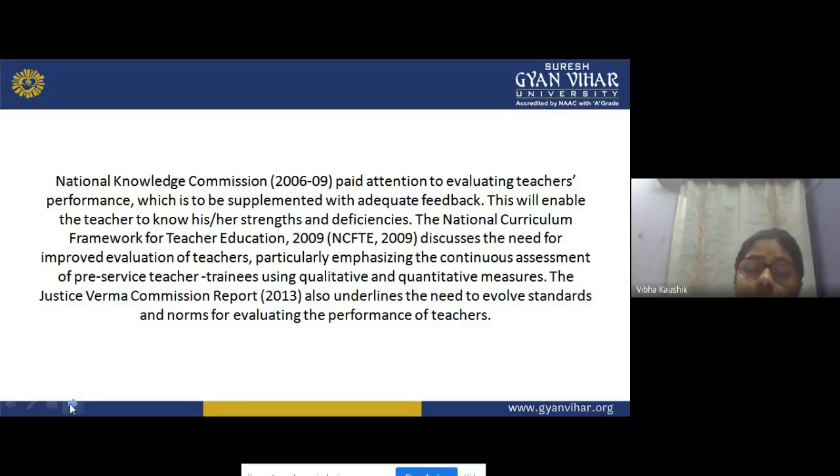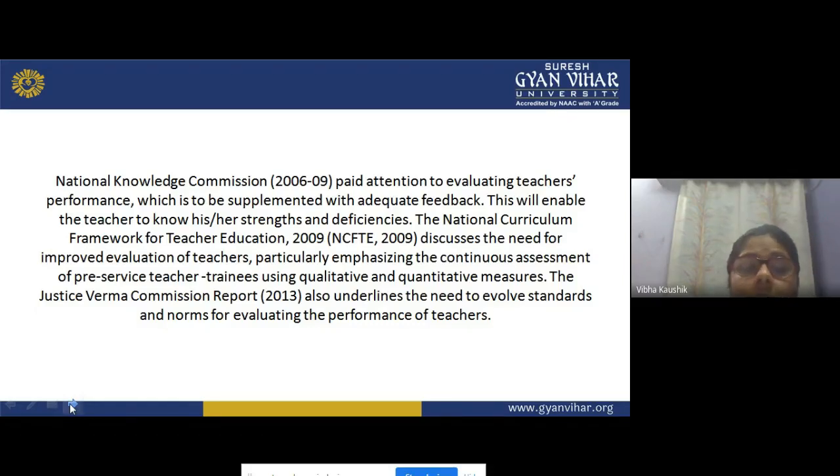That we have to improve the process, the way of taking the teacher's appraisal of teachers, particularly emphasizing the continuous assessment of pre-service teacher trainees using qualitative and quantitative measures.